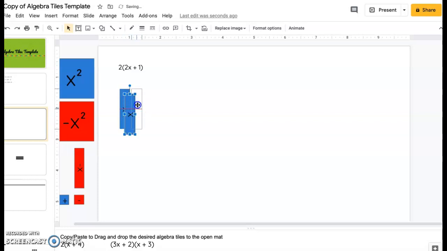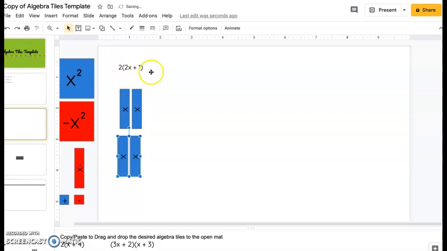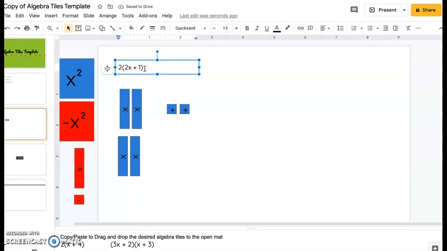So here's one group of 2x, and there's 2 groups of 2x. And now we need 2 groups of positive 1. So there's one group of positive 1, and then there's 2 groups of positive 1. So that leaves us with 4x plus positive 2.